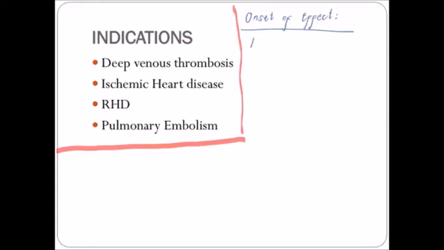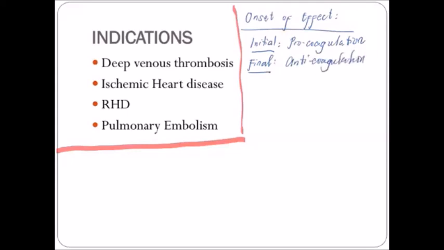So initially, ang magdodominate na effect would be procoagulation. Procoagulation is telling us na magkakaroon ng clotting sa umpisa. However, ang final effect o yung lasting effect ng warfarin would be anticoagulation eventually.